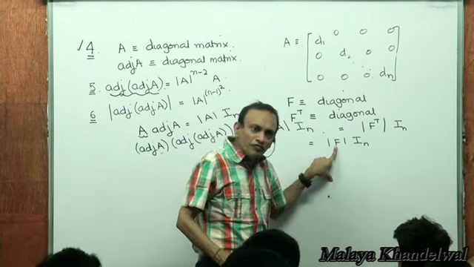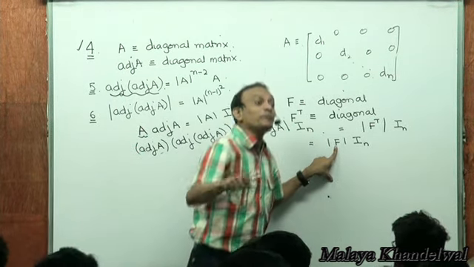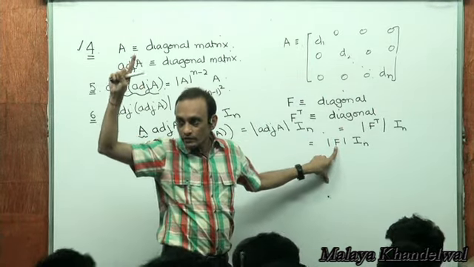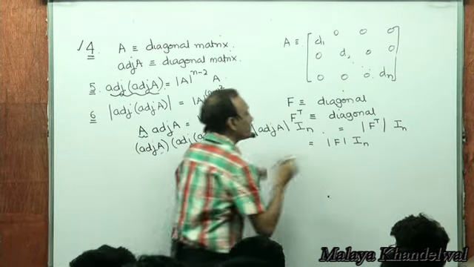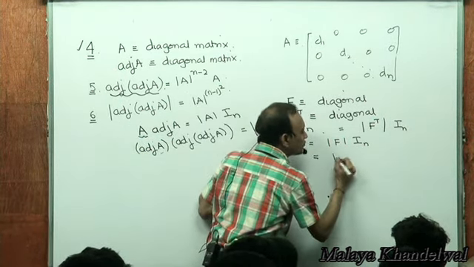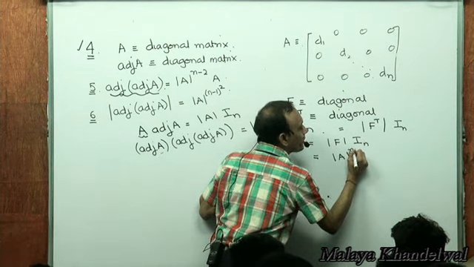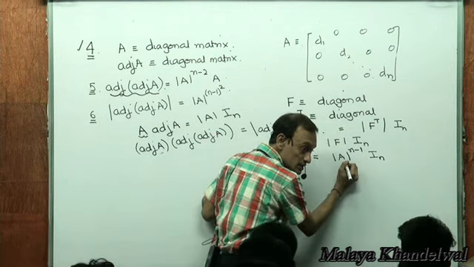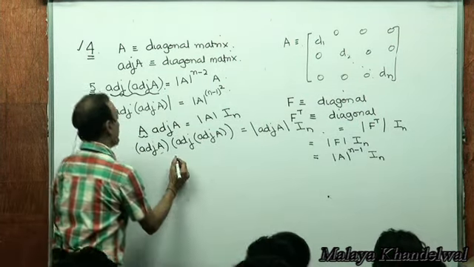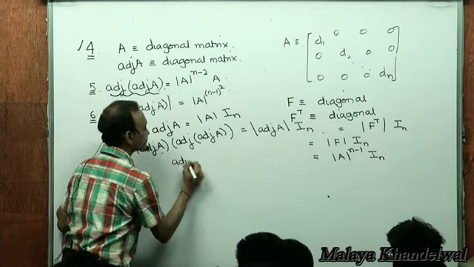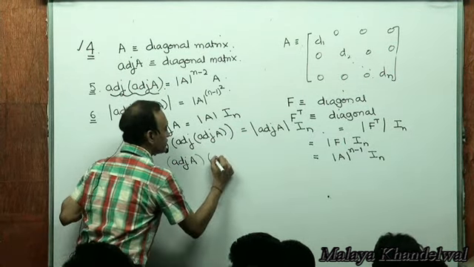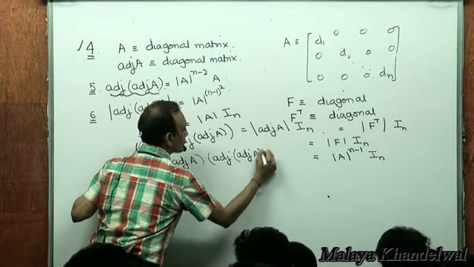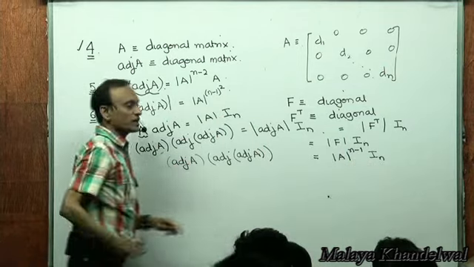Determinant of cofactors of a matrix would be determinant of that matrix to power n minus 1, where n is the order of that matrix. Refer to yesterday's class. So determinant of cofactors would be determinant of A to power n minus 1 into I n. This is a scalar, right? So we have adjoint A into adjoint of adjoint A equal to this. Clear?